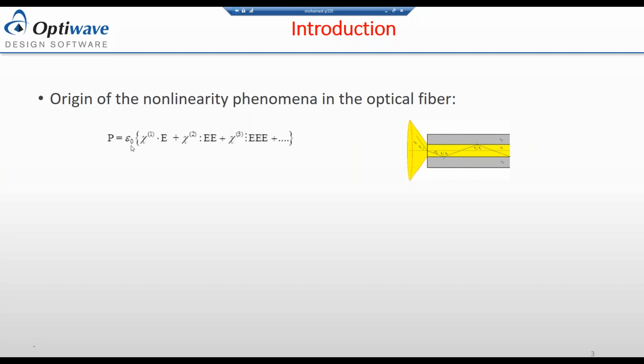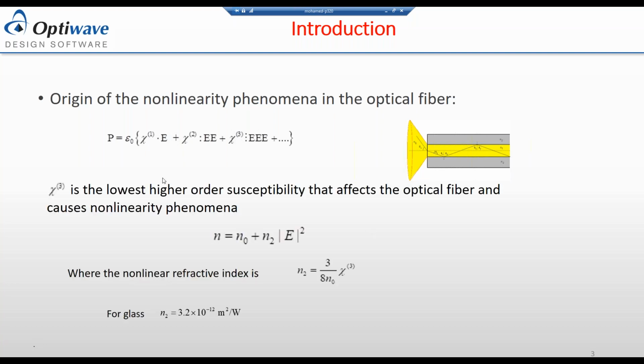P is the polarization, epsilon is the permittivity of free space, chi1, chi2, chi3 are the susceptibilities of the first order, second order, and third order, and E is the electric field. For silicate optical fiber, chi2 almost equals 0 due to the structure of the optical fiber, and the lowest higher-order susceptibility is chi3. This is the main reason for the nonlinear phenomena.